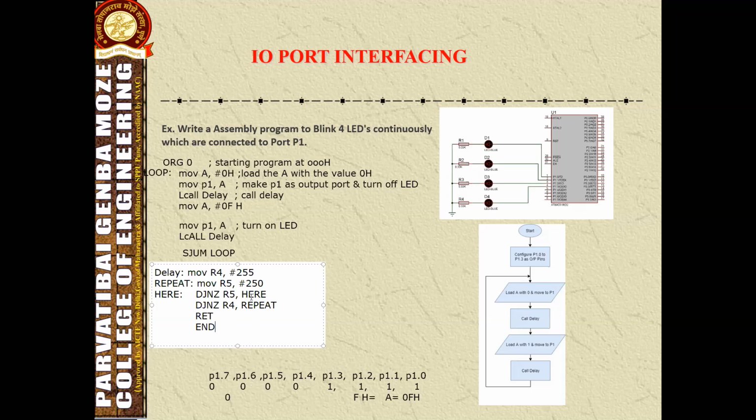Repeat is here. First the value 255 is loaded into R4, and R5 is filled with the value 250. Then it will come here. What is the command? This DJNZ is nothing but decrement.